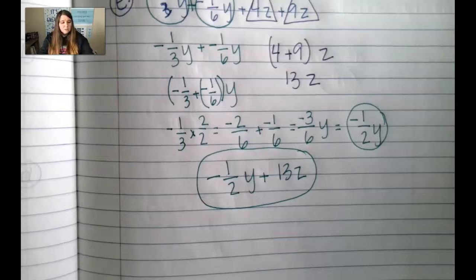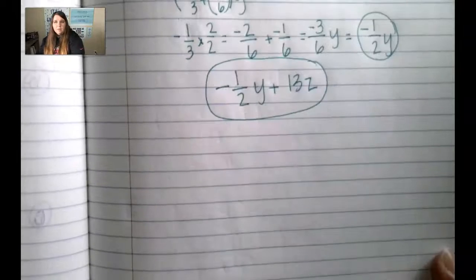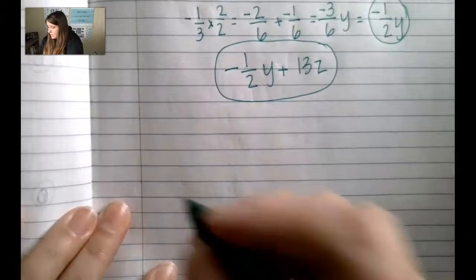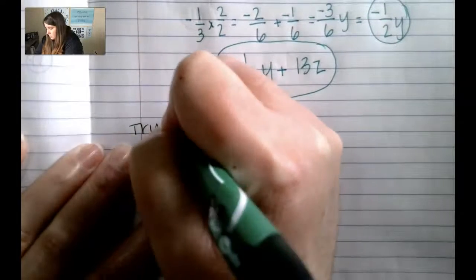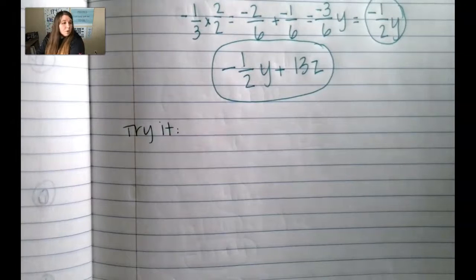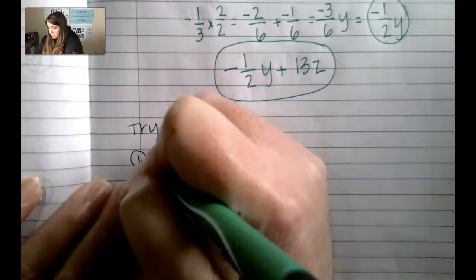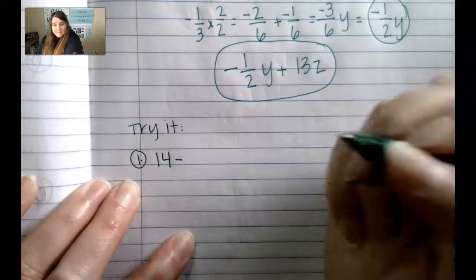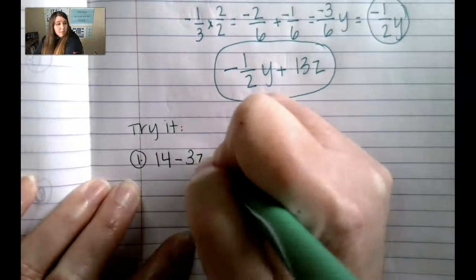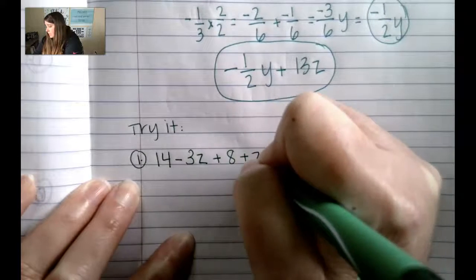All right, it is your turn now for a try it. And we will give you 2 different types of try-its, one with a fraction and one without. Okay, so try it number 1. Let's do this one. We have 14 minus 3z plus 8 plus z.